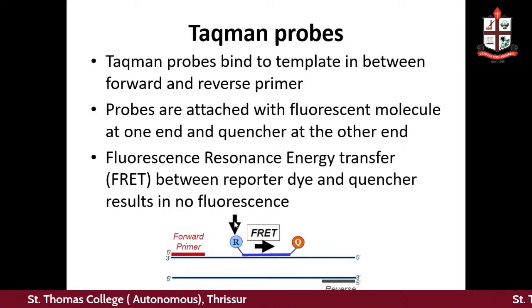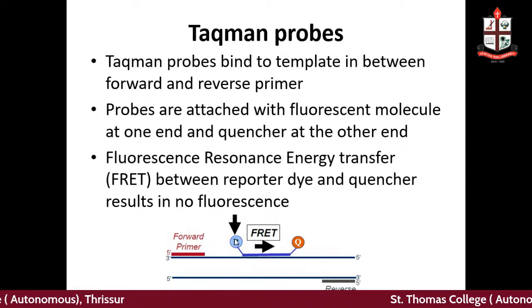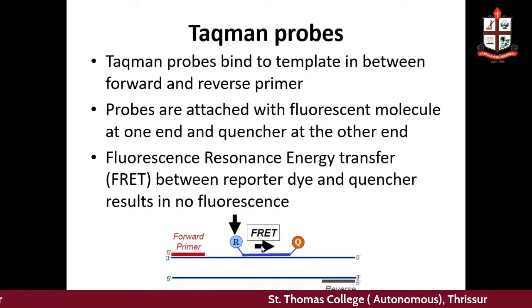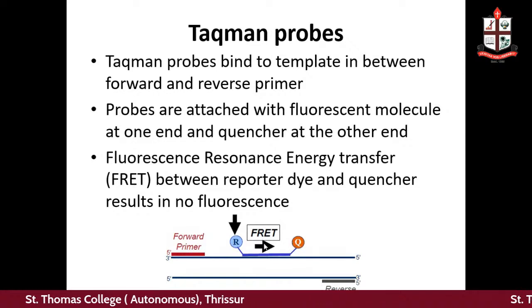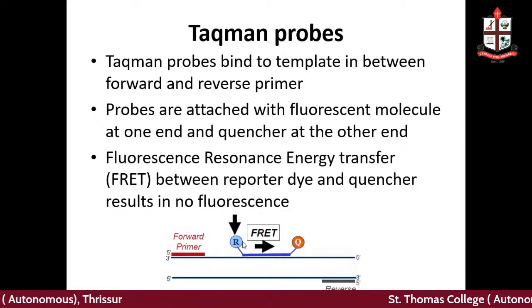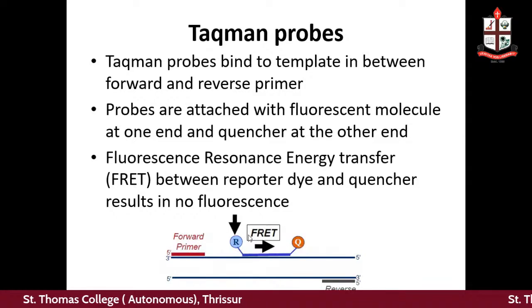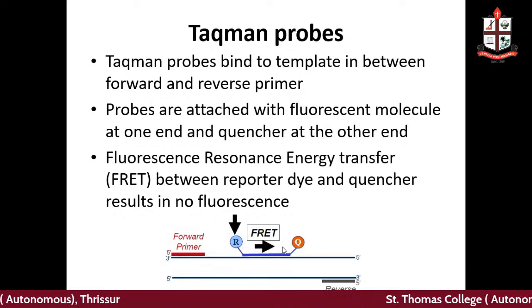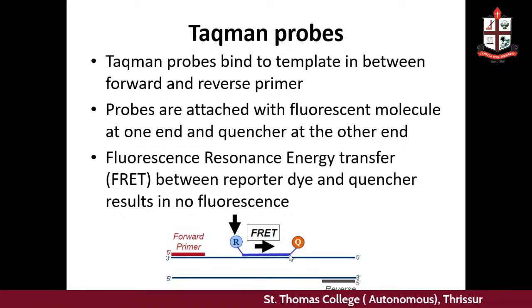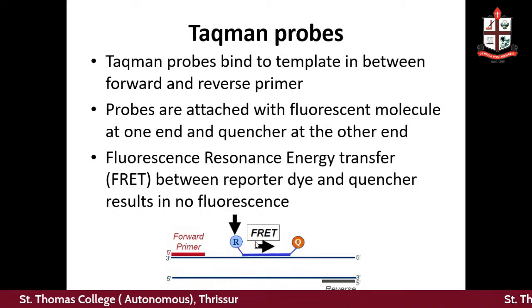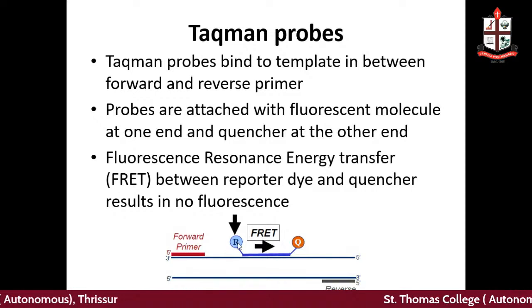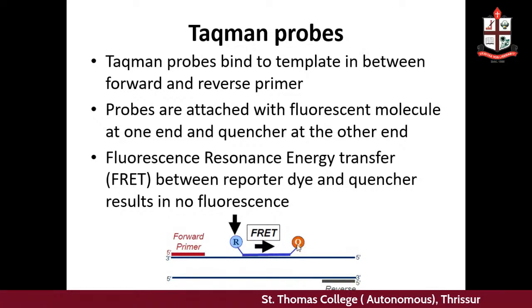The reporter dye will absorb light at a particular wavelength and emit light at a particular wavelength, and the absorbance wavelength of the quencher will be the same as the emission wavelength of the reporter dye. So the light emitted by the reporter dye will be absorbed by the quencher, and this will happen only when these two dyes are very close to each other. When the reporter and quencher are attached to the probe, they are in close proximity, so this FRET mechanism can happen. That is, the light emitted by the reporter can be absorbed by the quencher.